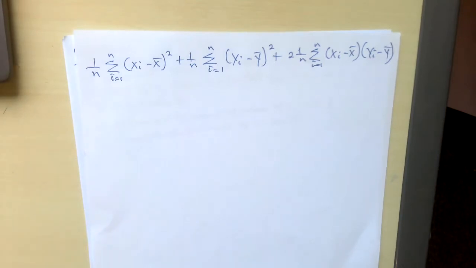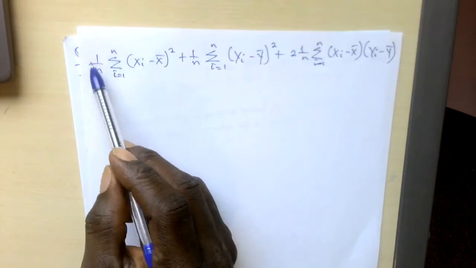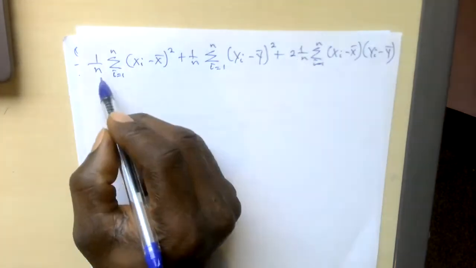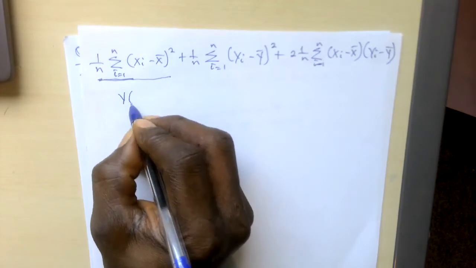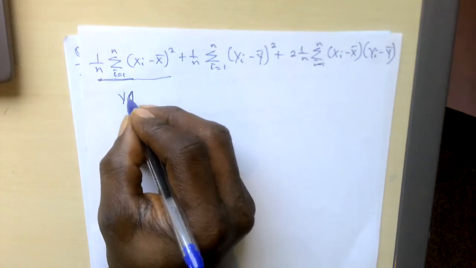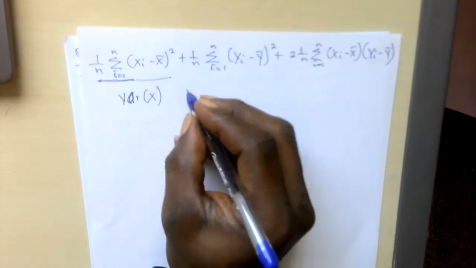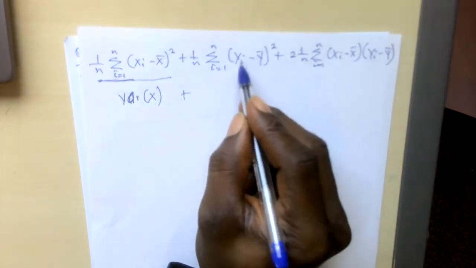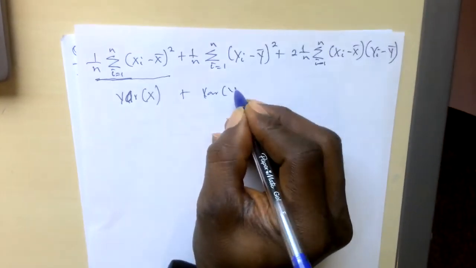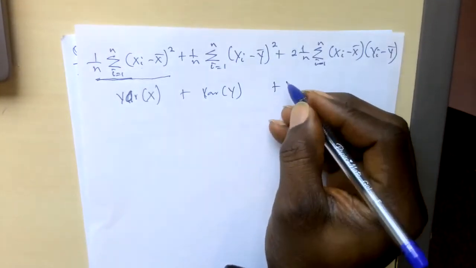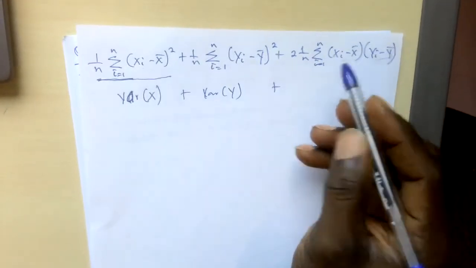Now, if you look closely, you find that this is the same thing as the variance of x. Everything here is the same thing as the variance of x. Let me write variance x here. This is the same thing as the variance of y. Variance y. And this is 2 times the covariance of x and y.